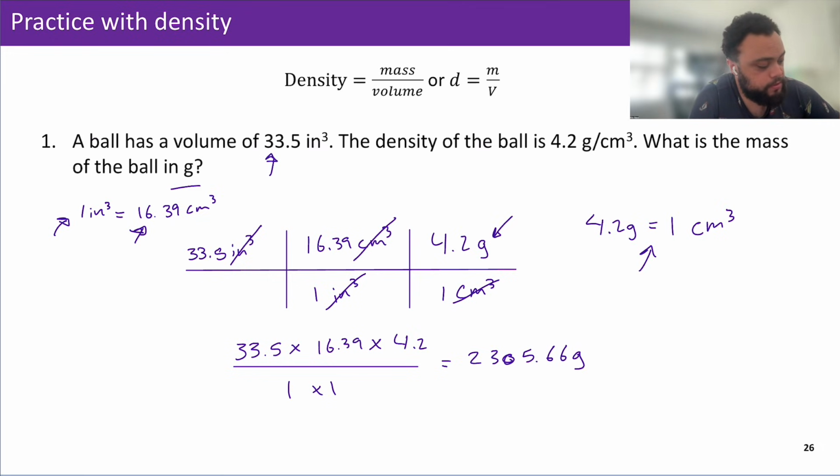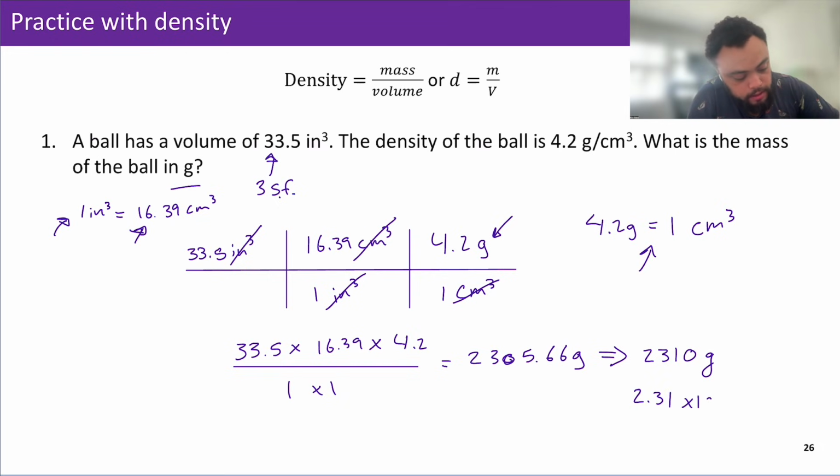This would be our measured value. This would be three sig figs here. We will end up getting 2,310 grams or 2.31 times 10 to the third grams. Either one is okay.